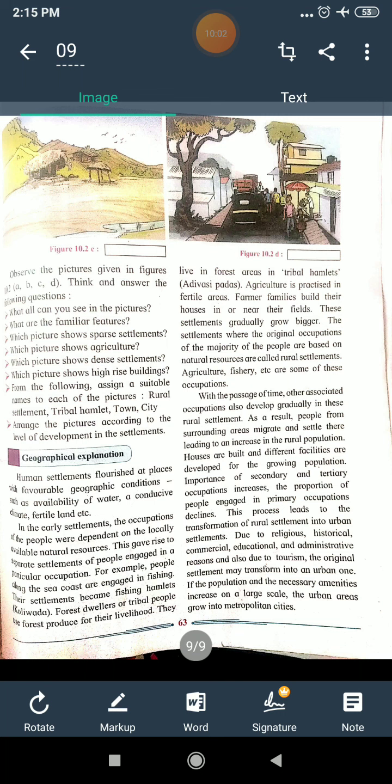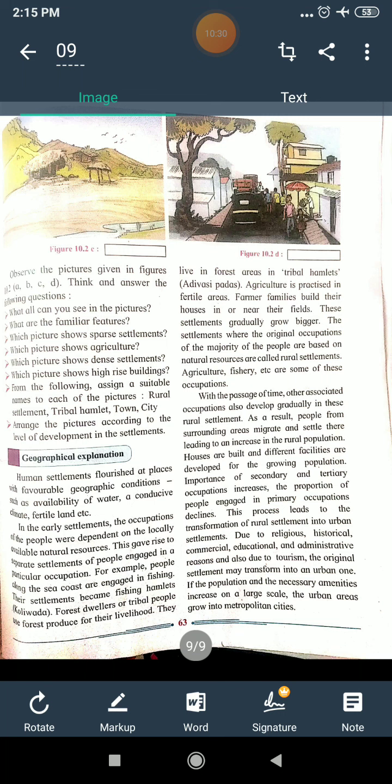So have you all got it now, how our settlement started? First we depended on the natural resources available in the area, we started that occupation and we started settling there. Then as development happened, we turned into rural settlement, and then the development of rural settlement turned into urban settlement.